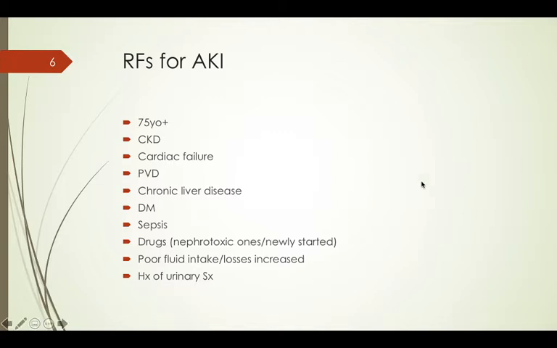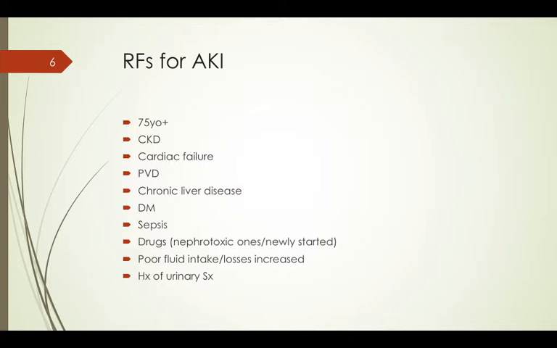So some of the risk factors for development of acute kidney injury. The elderly, those with a previous history of kidney disease, specifically CKD, those who've got congestive cardiac failure, peripheral vascular disease, liver disease, diabetes, sepsis, certain drugs. So you've got nephrotoxic drugs, certain antibiotics such as gentamicin, belonging to the aminoglycoside family, some more common medications like NSAIDs, ibuprofen, diclofenac, naproxen, etc., ACE inhibitors.